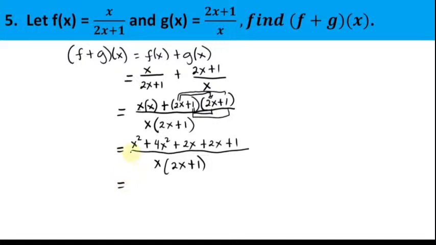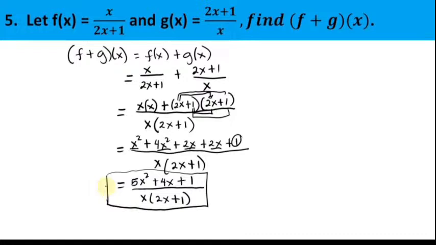Then combine like terms, so x squared plus 4x squared, that is 5x squared. Then 2x plus 2x, that is 4x, plus 1, over the denominator x times 2x plus 1. So this is our final answer.